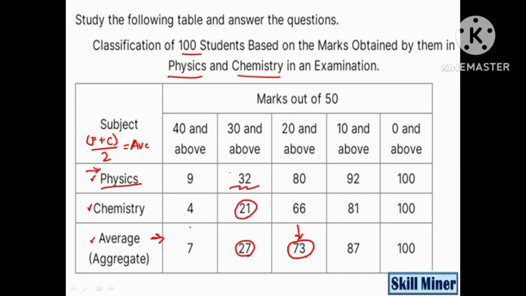We need the total number of students who scored below 20. So since the total number of students is 100 and 73 students scored above 20, their difference will give the total students below 20.